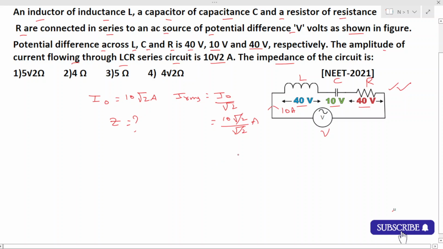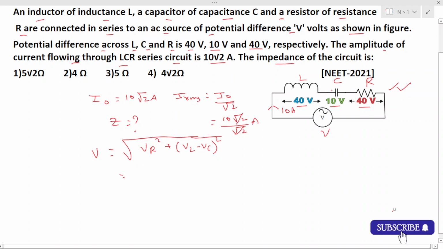Okay, so first let us try to calculate the voltage across this LCR circuit. If you observe the phasor diagram of this LCR circuit, the net voltage across the LCR combination can be written as V is equal to root over VR square plus (VL minus VC) whole square, or (VC minus VL) whole square.